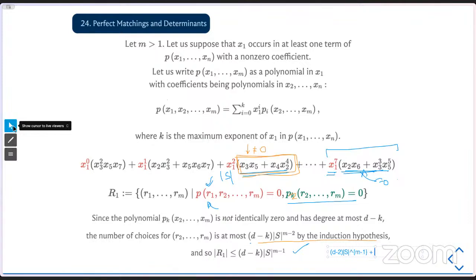Now to get a combined bound from the other side, I would want something like 2 times |S| to the m minus 1. But for that, I would need a bound of 2 on the overall degree of the polynomial. But when this guy is non-zero, I know that the degree is at least 2. It's also possible that some of the other higher order terms survive, and I may not be able to argue this bound. So this may still be 7, for example. Then this will blow up.